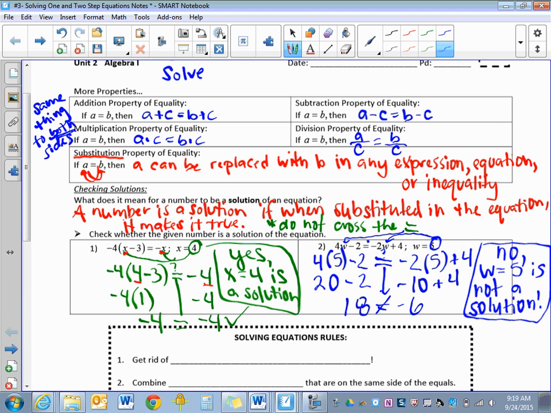Alright, so again, you check it by substituting it in. If it makes a true statement, then we know it's a solution. If it gives us a false statement, that means it wasn't equal, so then it is not a solution. Questions on that? Okay.